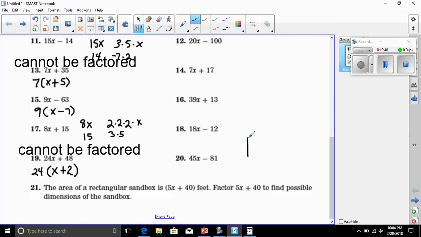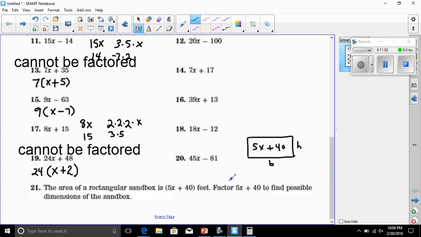A rectangular sandbox. And we know the area total is going to be 5x plus 40. What do we know about the area? Well, the area is always the base times the height, right? Base times the height. That gives us the area.